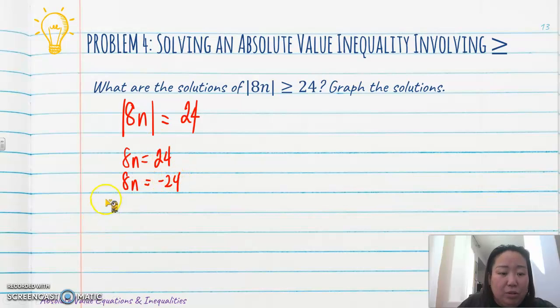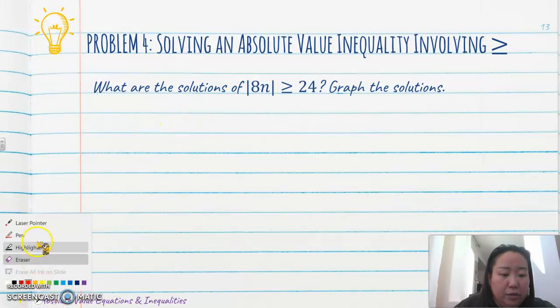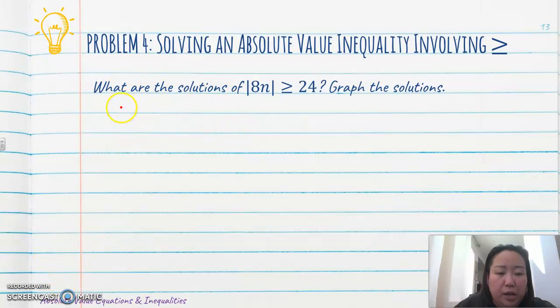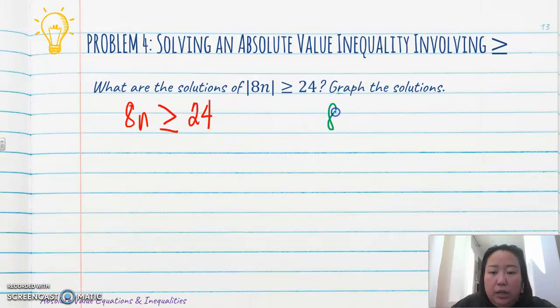But now that we have an absolute value inequality, you will have to consider two things. One is if 8n is a positive 24; for it to be positive, you retain the inequality. Now, if you are looking for 8n equal to negative 24, then your inequality will need to flip.